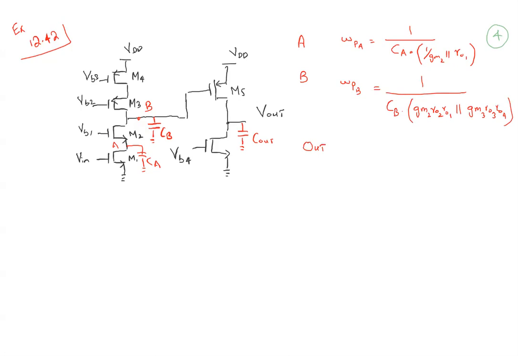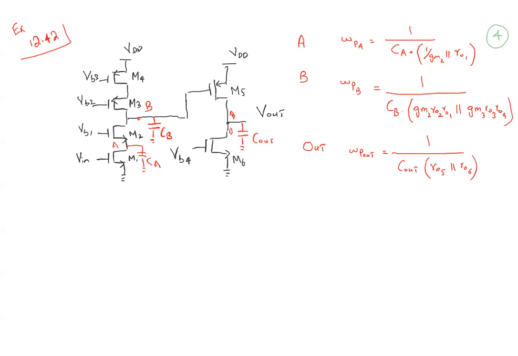So what about the output? At the output, let's write omega P out is equal to 1 over Cout, the capacitance at output, times, so here again we have a simple load, ro5 in parallel with ro6. So ro5 in parallel with ro6. So this is ro6. Let's make sure.